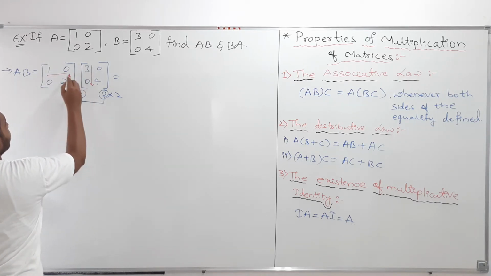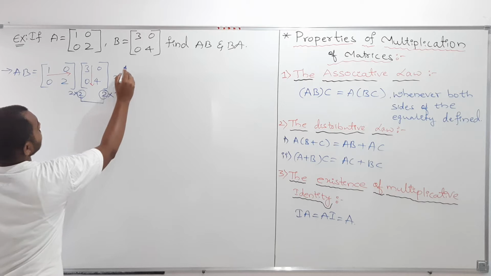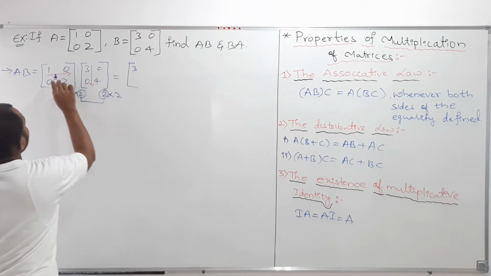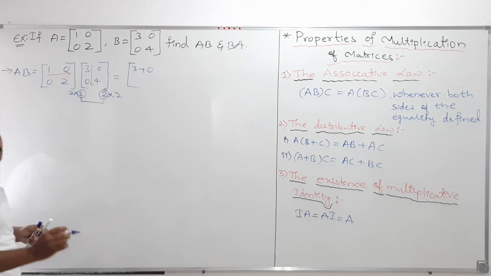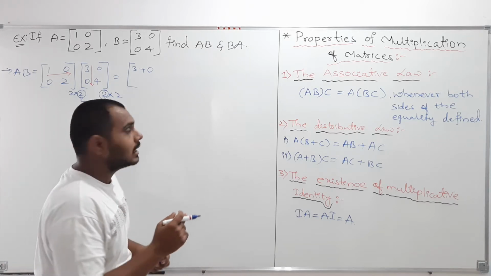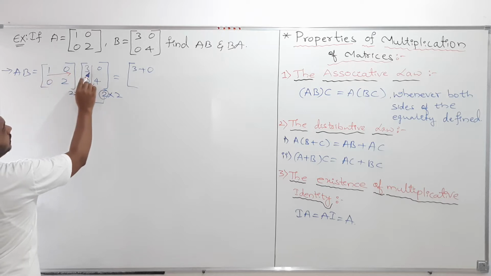So, my dear students, first row, first column: 1 into 3 is 3, plus 0 into 0 is 0. Since we solved some more examples on multiplication, I am writing directly instead of writing 1 into 3 plus 0 into 0.